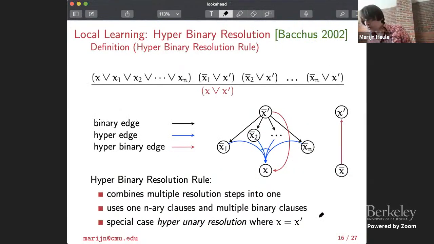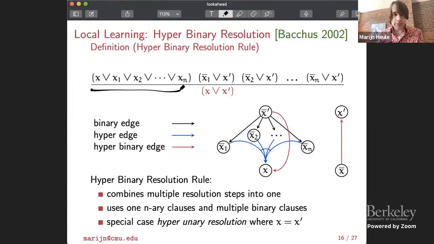Now let's talk about another local learning technique, which is called hyperbinary resolution. So we have a variable x prime that occurs in many binary clauses, with the literals not x1 to not xn. And we also have a long clause x or x1 to xn.